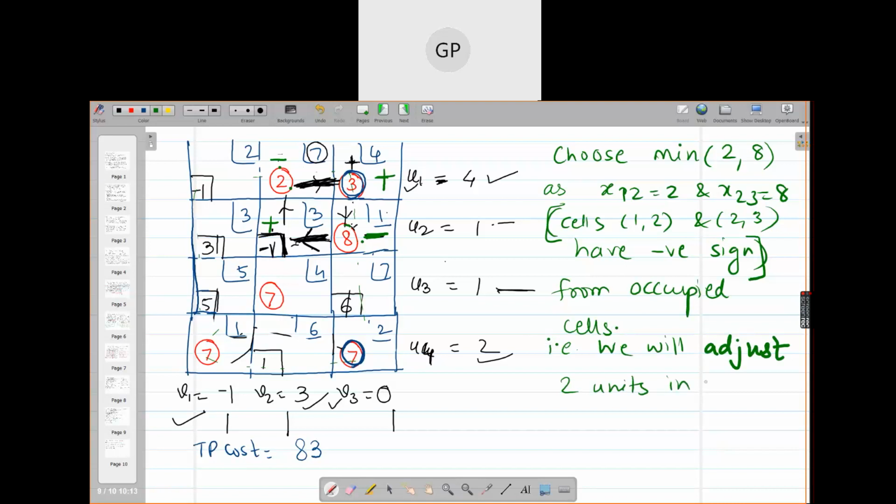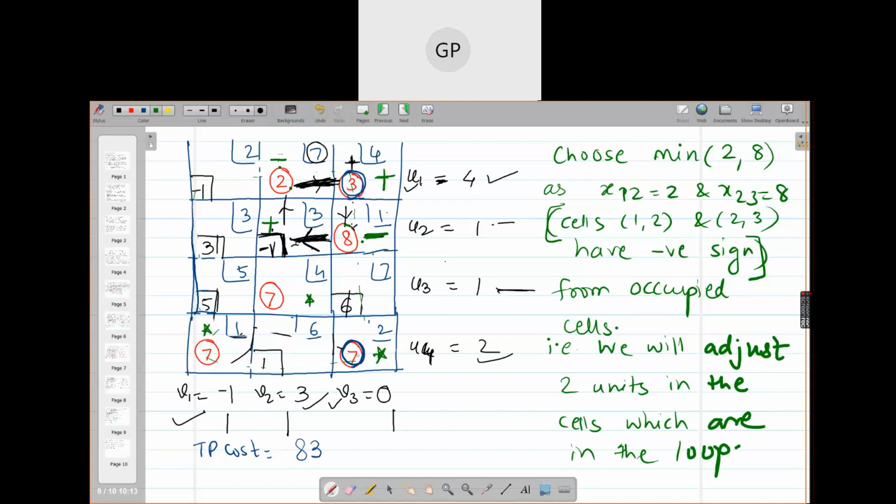In the cells which are in the loop. Okay, the cells which are not in the loop, say this cell, here I'm putting a star. Okay, these cells are not in the loop. There we will not make any changes.